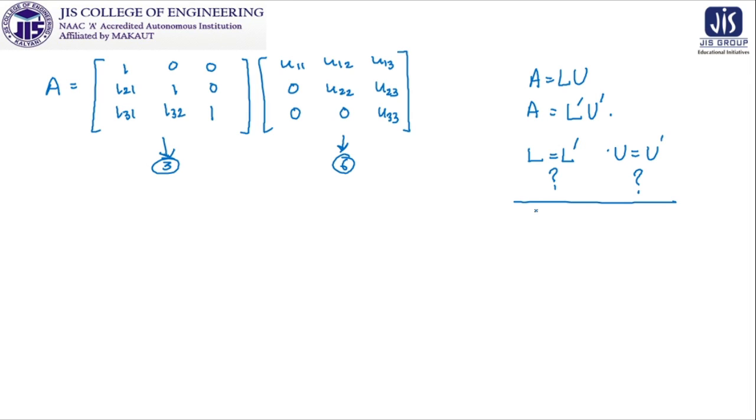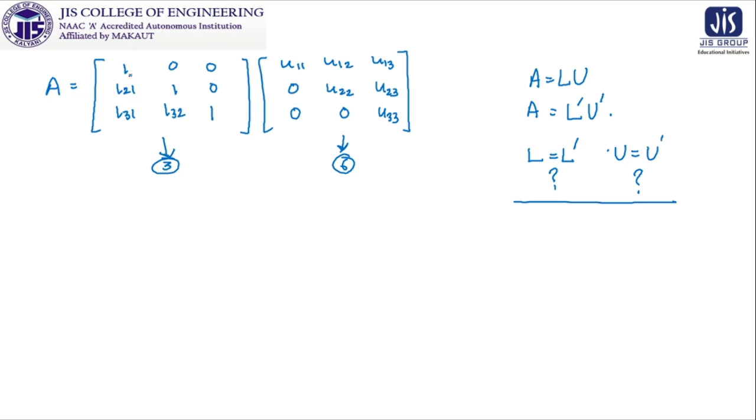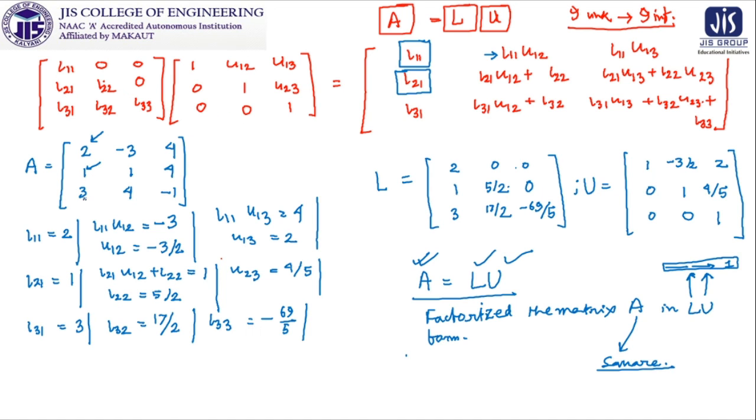Now in general, we can observe that it will not be the same, because in the previous case we get the values of L11, L22, L33 as 2, 1, 3, and here we get the values of L11, L22, L33 as 1, 1, 1. You can see it here.